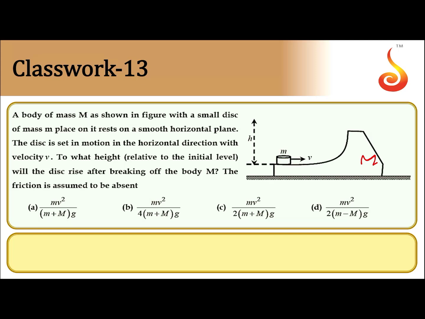Basically, we can find out, using conservation of momentum, the velocity with which it starts rising, and using energy conservation we can find out the distance it rises. So it's basically conservation of momentum and conservation of energy.